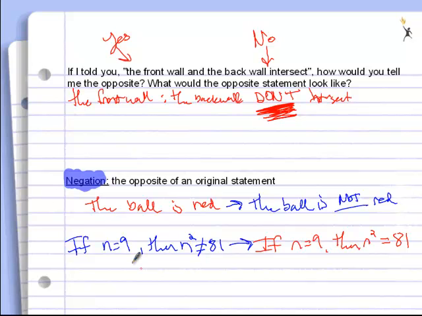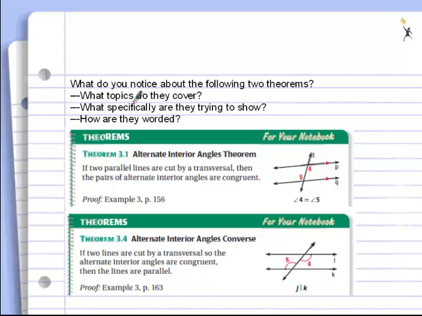Now, we're learning all of this so that when we go ahead, we're not getting really, really confused. Let's look at these two theorems. Theorem 3.1 says alternate interior angles theorem. Now, this is something we're going to get to eventually, but we haven't got there yet.